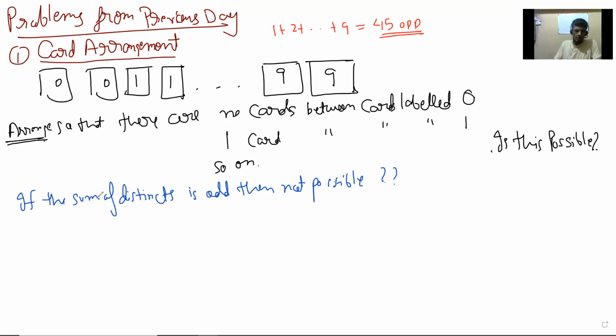Any ideas? If the arrangement was possible, then how would the sum come in?